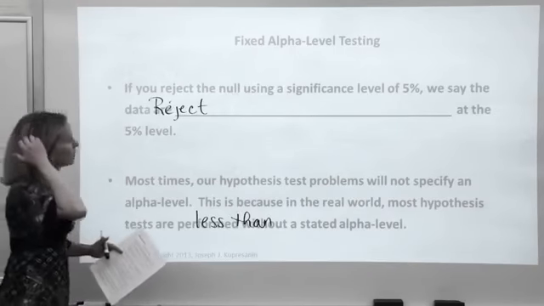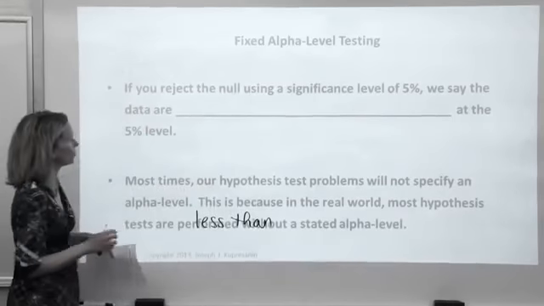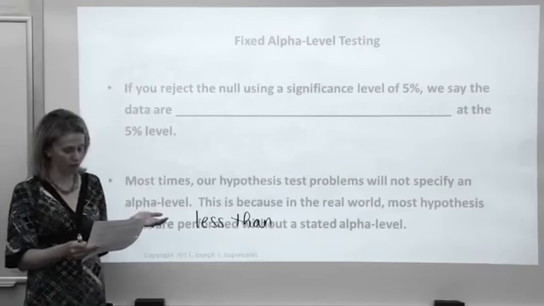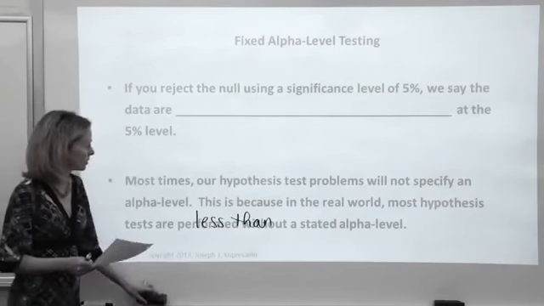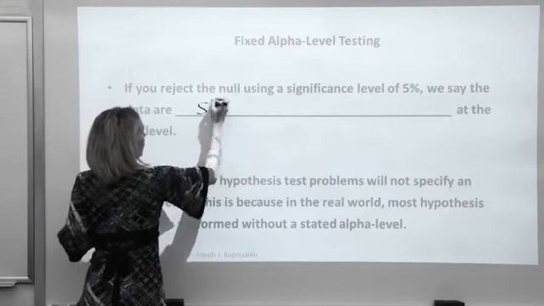If we do run a hypothesis test by setting a significance level ahead of time, so if we say reject the null hypothesis using a significance level of 5%, we would say that the data are statistically significant at the 5% level. So sometimes you'll see that language.